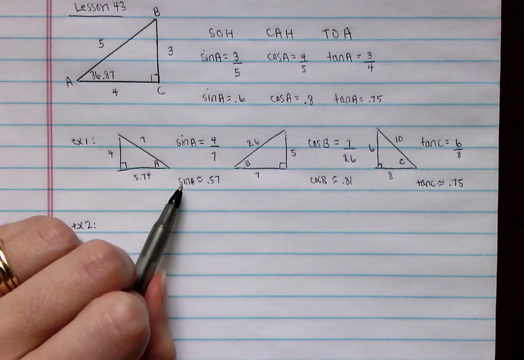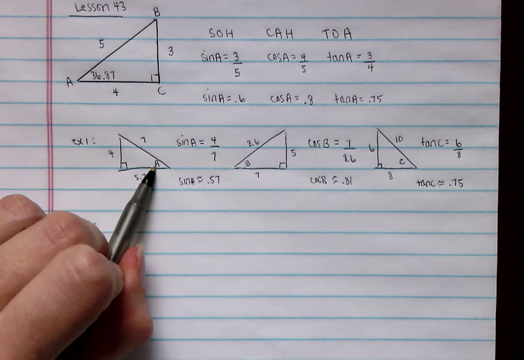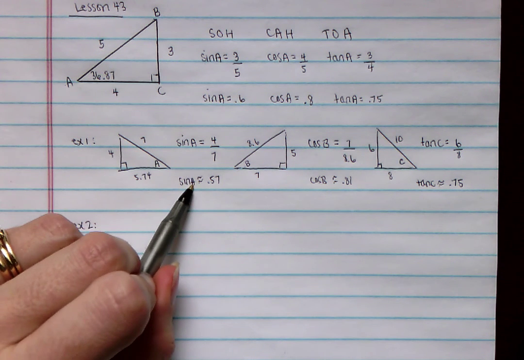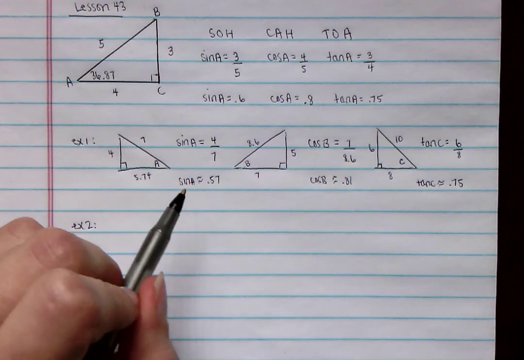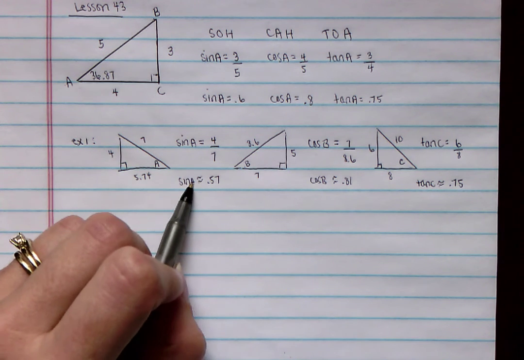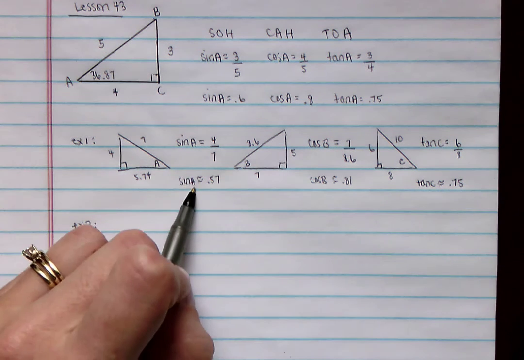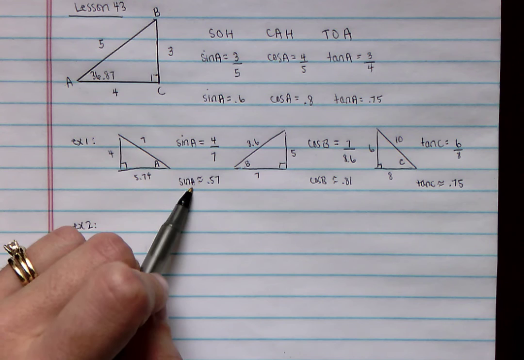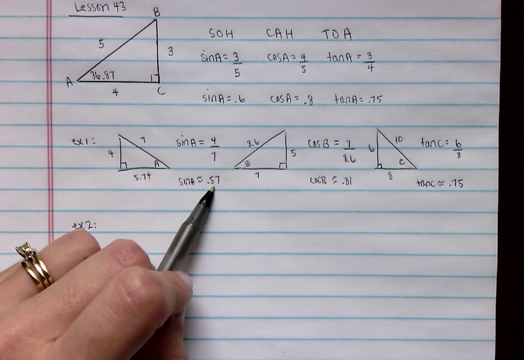If I wanted to figure out what angle A is, in order to undo the sine, because this A is technically inside of the sine, it's saying sine of A, I have to take the inverse sine.